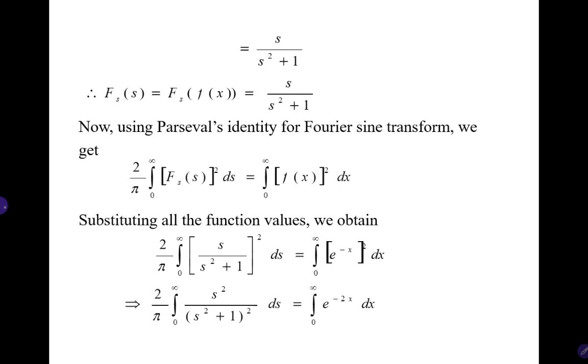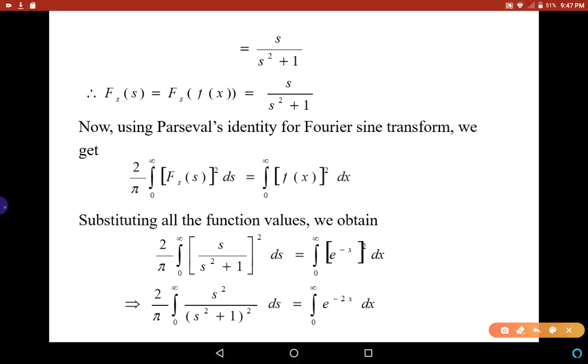Now let us apply Parseval's identity for Fourier transform, which is given by 2 by pi times the integral 0 to infinity Fs of s whole square ds is equal to the integral 0 to infinity f of x whole square dx. Substitute Fs of s as s by s square plus 1 and f of x as e power minus x.